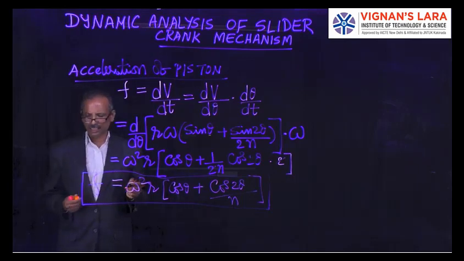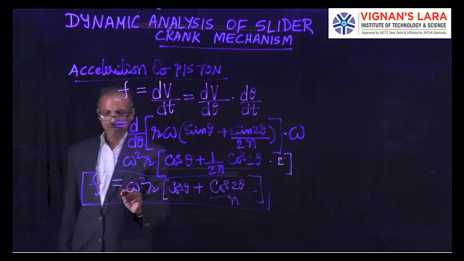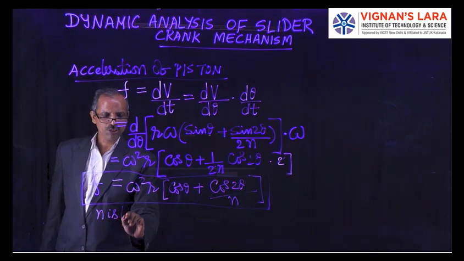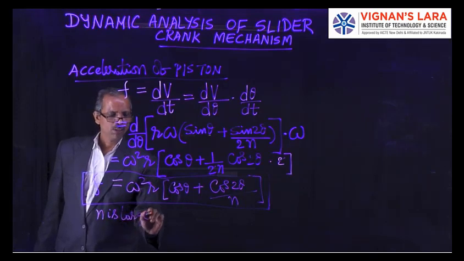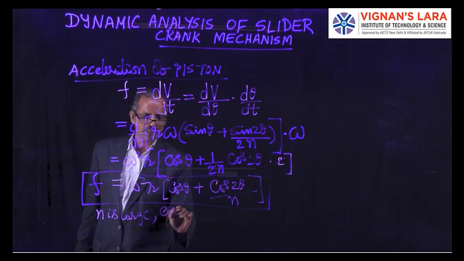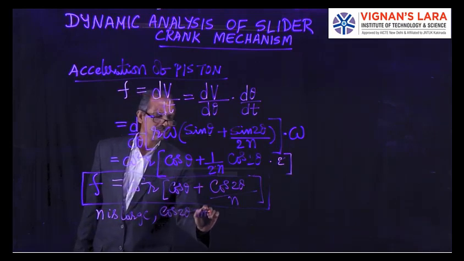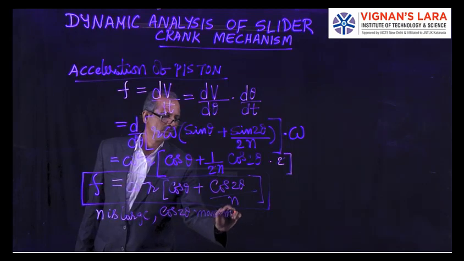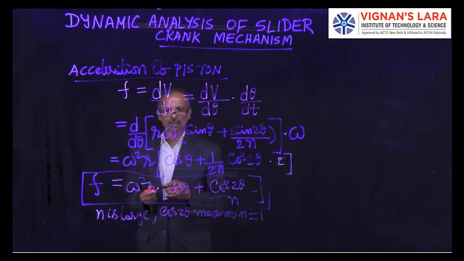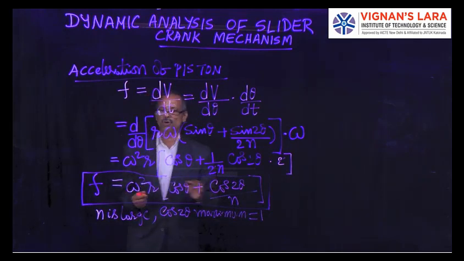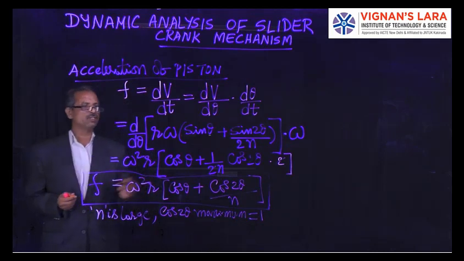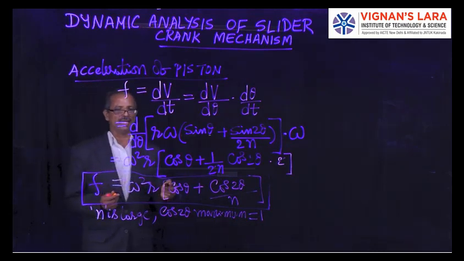We know that n is a large value. And what about cos 2 theta maximum? Cos 2 theta maximum is 1. So 1 by a large value of n can be neglected.